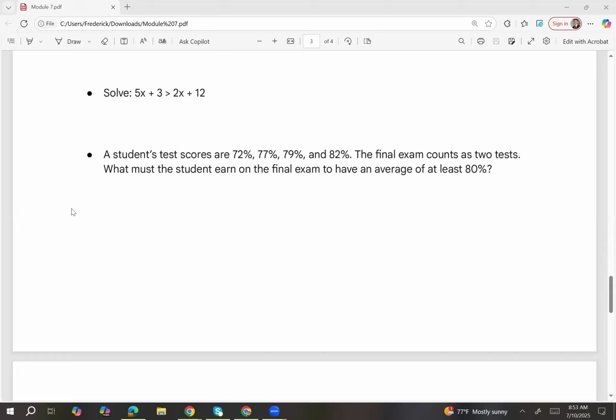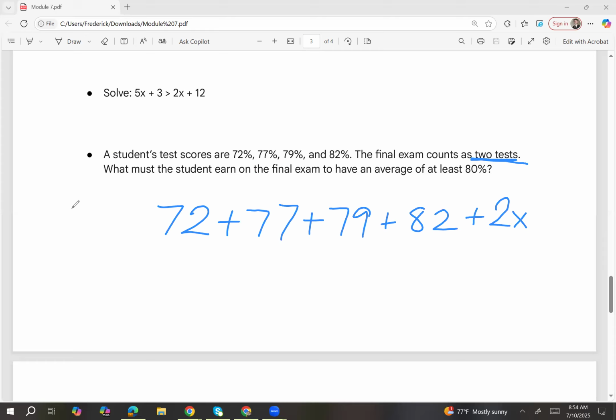And so let's think of averages. 72 plus 77 plus 79 plus 82, plus two tests equivalent for the final exam, which we don't know the score, so plus 2 times that final exam score.